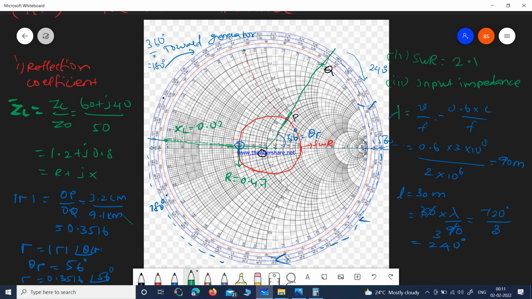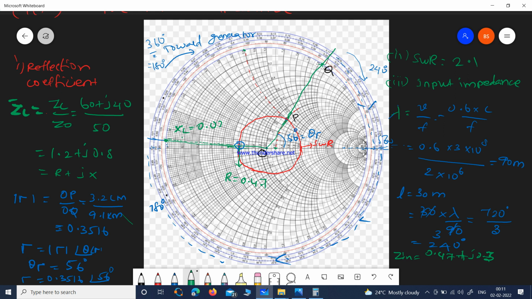Okay, so we got Z in. Z in value as resistance is 0.47, where it cuts the circle, and the reactance part at this point is 0.03. Since it is above the upper half of the circle, it's an inductive reactance. If it is below the resistance line, you can say it is a capacitive reactance, then it should come with a minus.